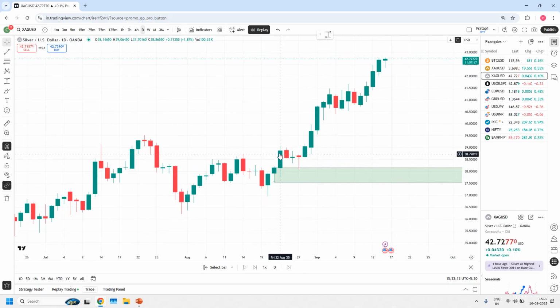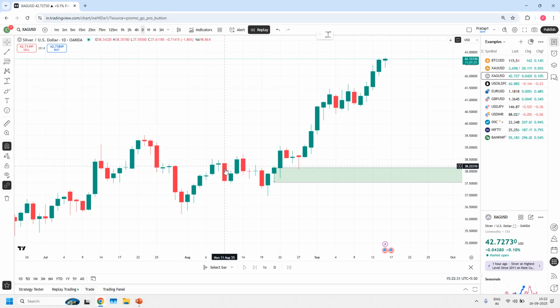See, while this rally, base, rally zone was created, there is a supply zone. But this supply zone is not violated. But what about this drop, base, drop? This is already violated in here.